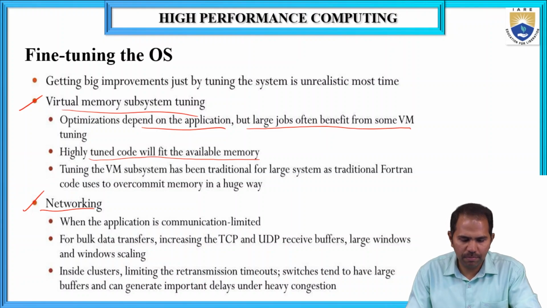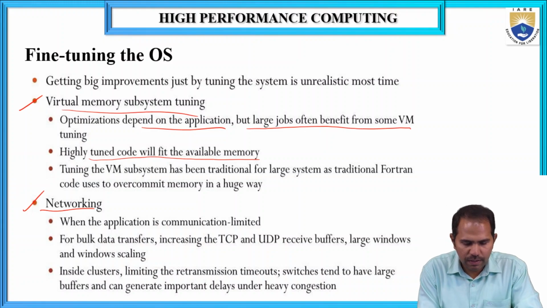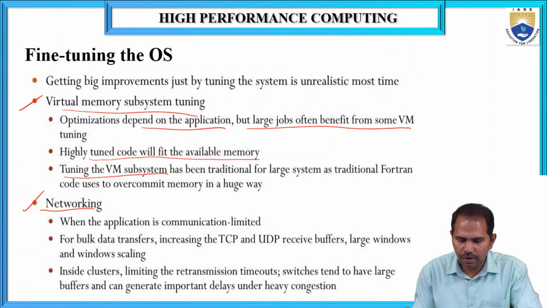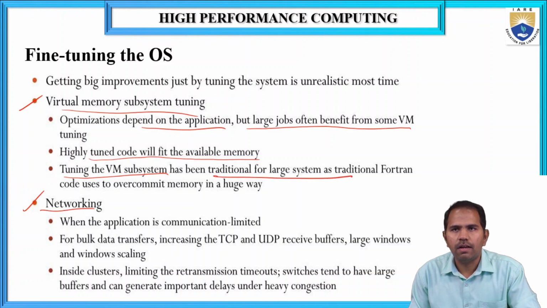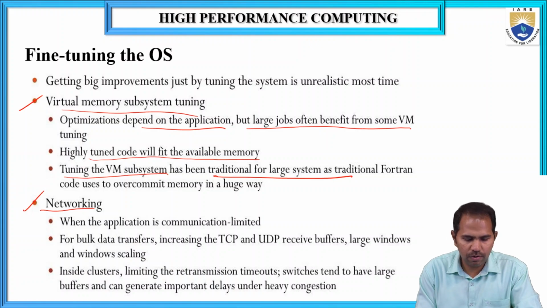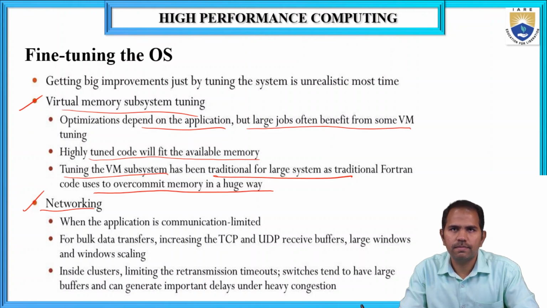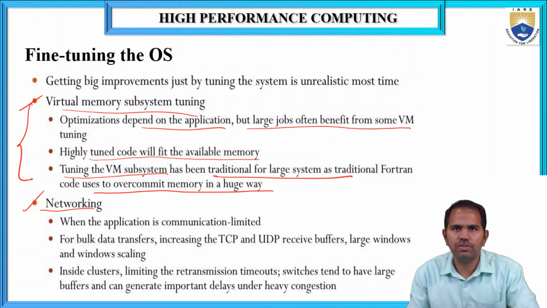Based on the available memory, we have to write highly tuned code. Next, tuning the virtual memory subsystem has been traditional for large systems, and large systems running traditional Fortran code used to overcommit memory in a huge way. So these are the points we discussed about the VM subsystem.